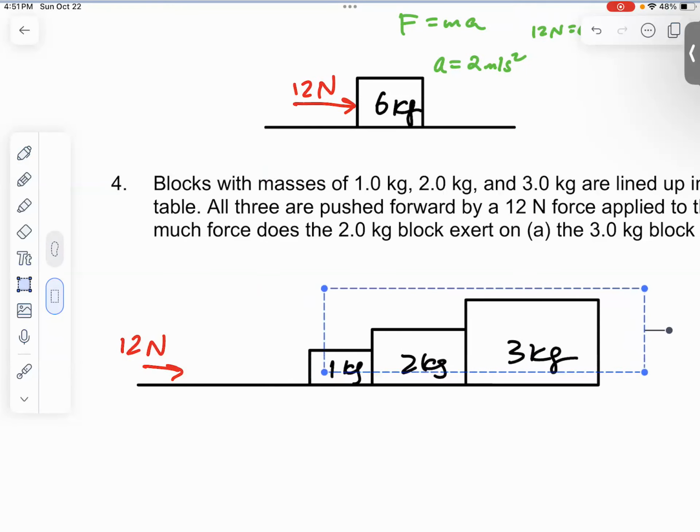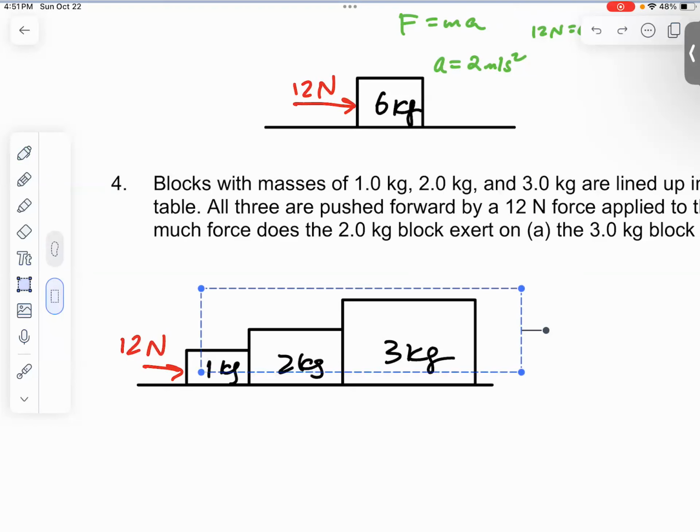So they all share the same acceleration. It would be strange that they have a different acceleration individually. Okay, so it's tempting. Now, let me guess. Are you thinking about different acceleration because they all have different masses? Right? Let's think about reality. They all share the same acceleration.